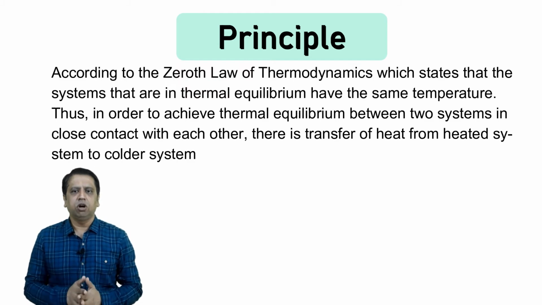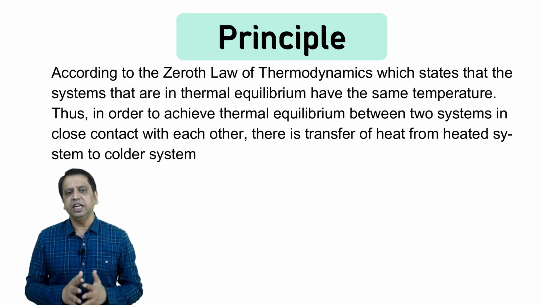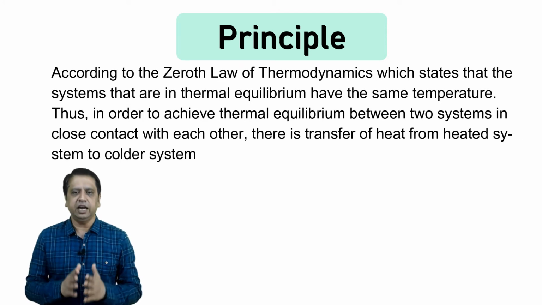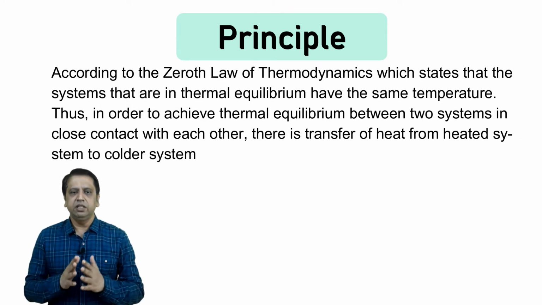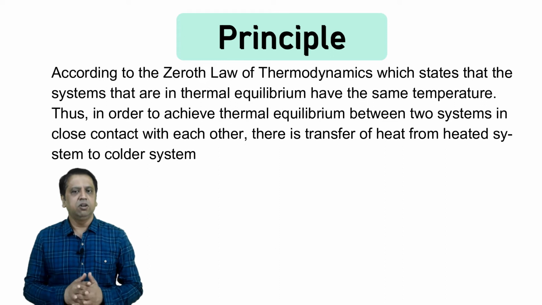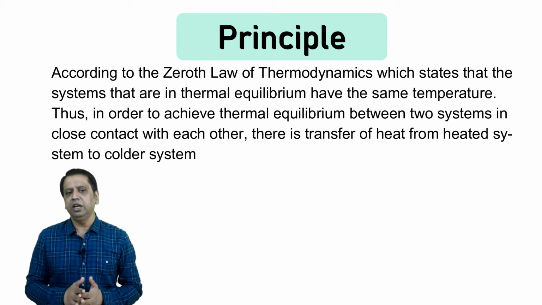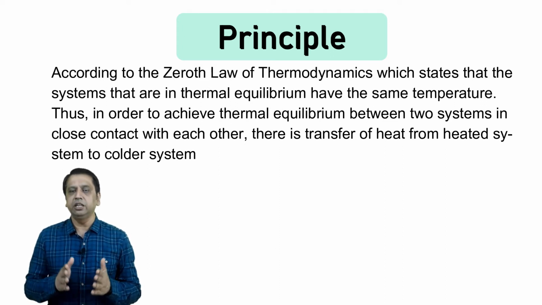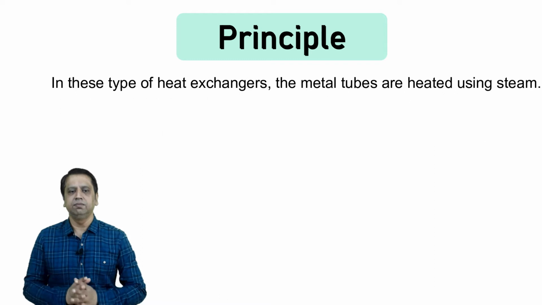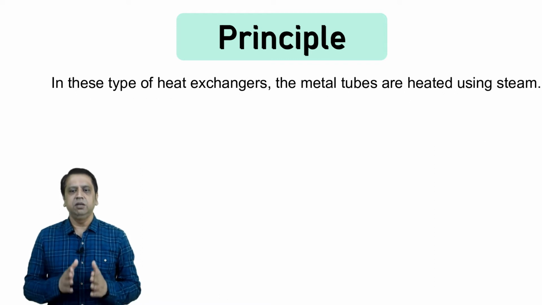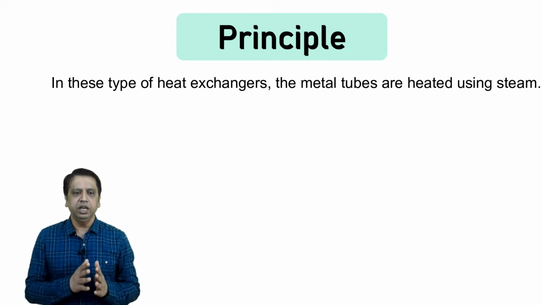According to the zeroth law of thermodynamics, which states that systems that are in thermal equilibrium have the same temperature, in order to achieve thermal equilibrium between two systems that are in close contact with each other, there is transfer of heat from the heated system to the colder system. In this type of heat exchanger, the metal tubes are heated using steam.